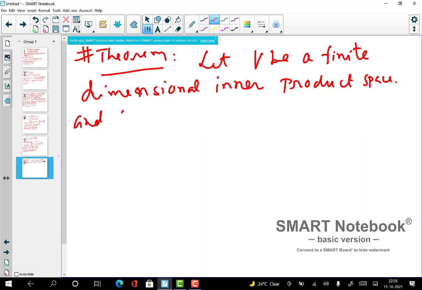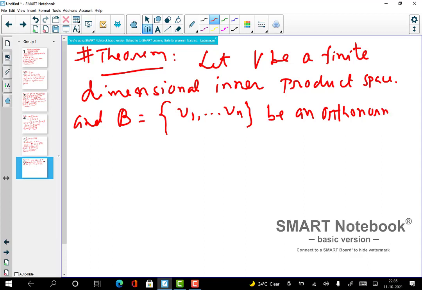So your basis, say v1 to vn, is an orthonormal basis of V. And also let you choose your linear map, T, a linear operator on V.